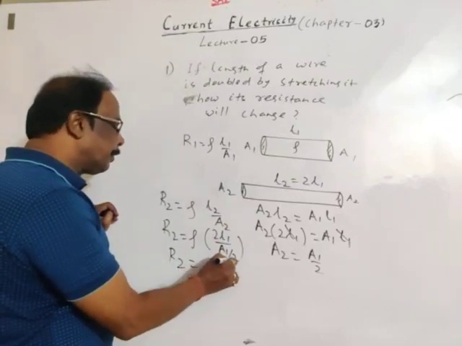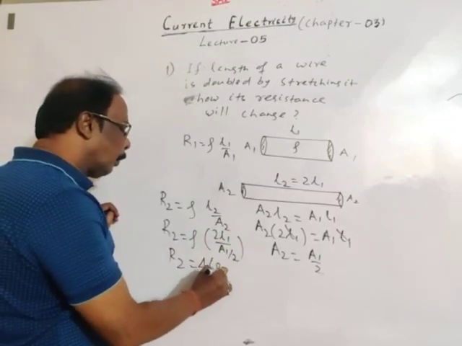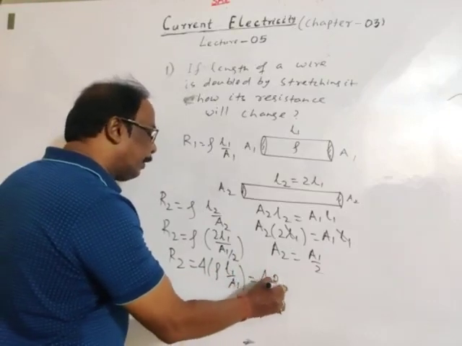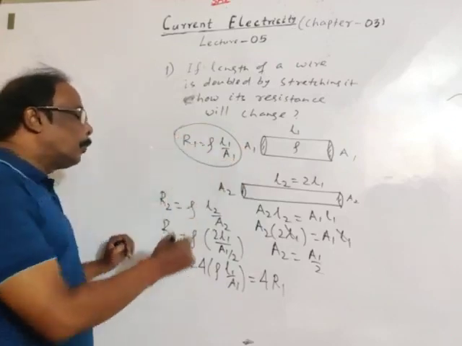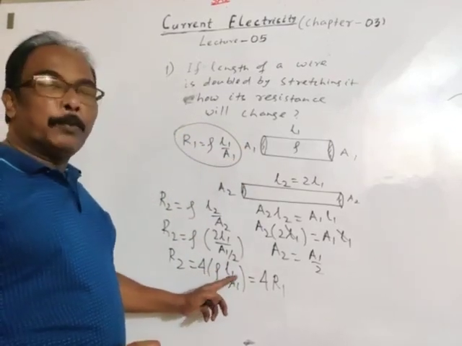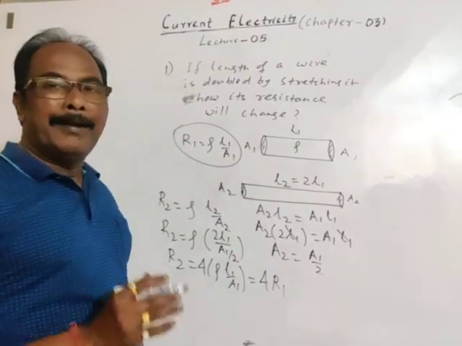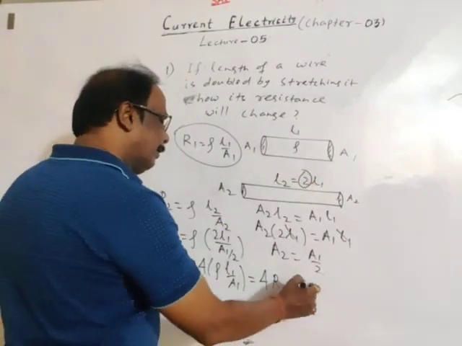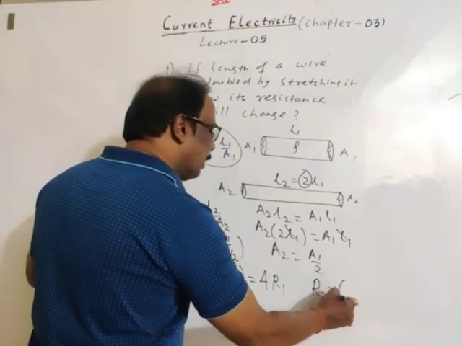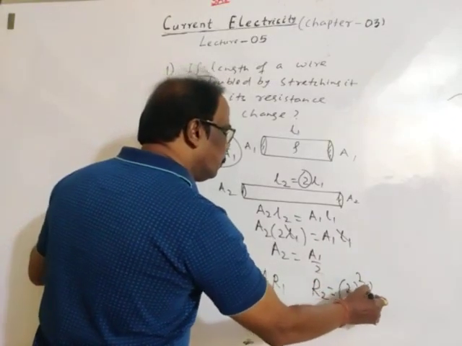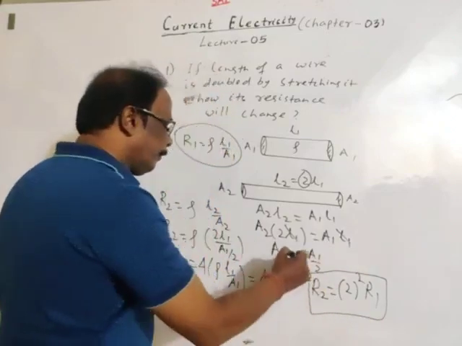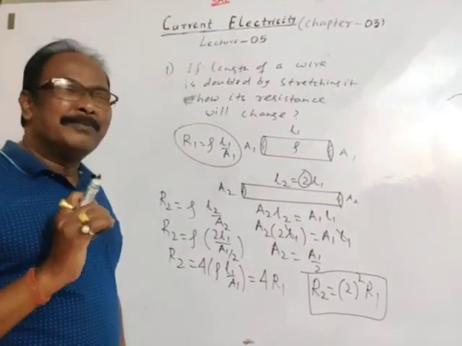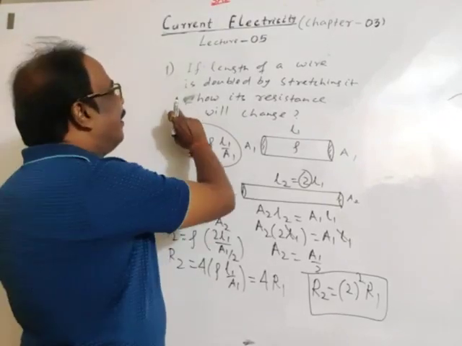The resistance becomes 2 into 2, 4, times rho L1 by A1, and since R1 is rho L1 by A1, we may write R1. So if the length is doubled, the final resistance R2 becomes 2 square into R1. Okay, so you should have this basic trick.